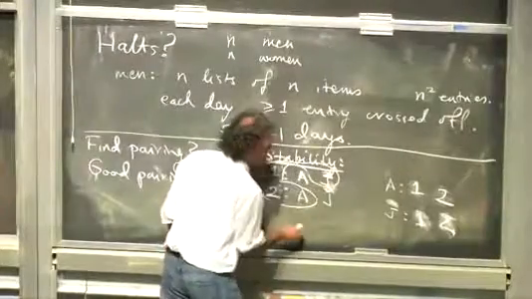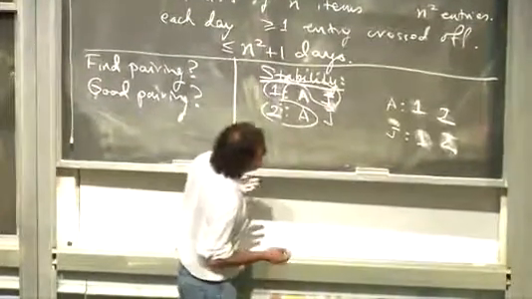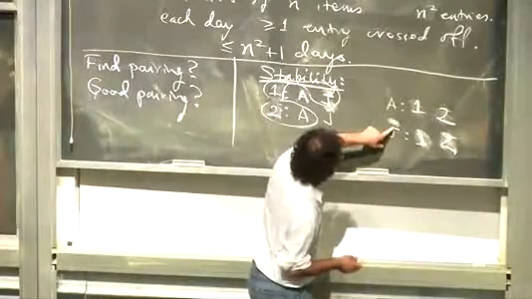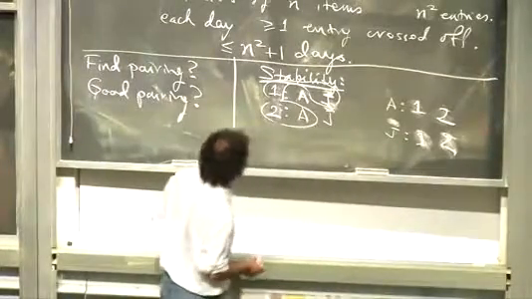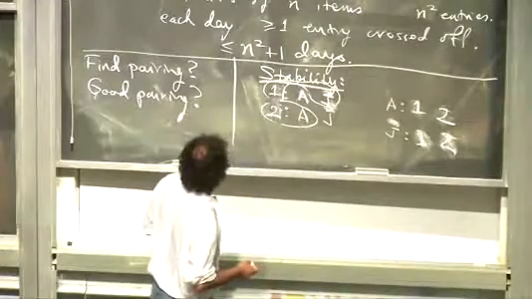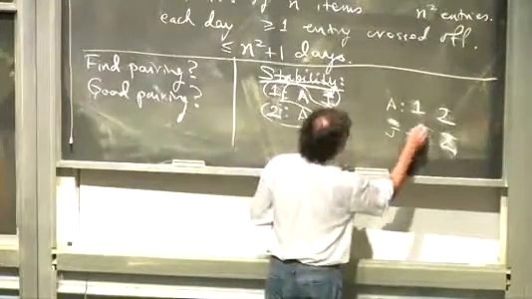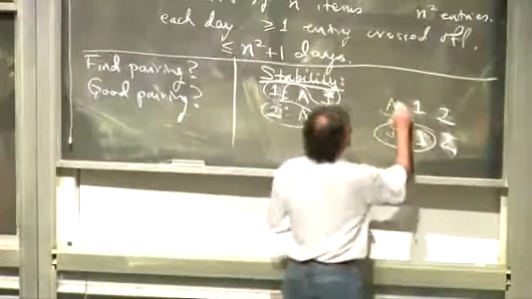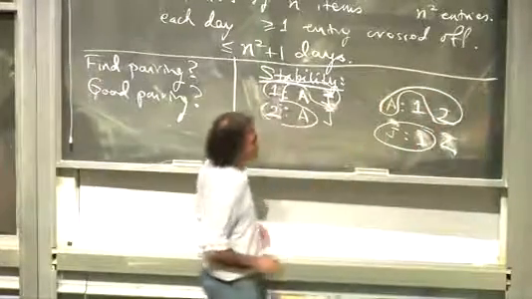So you have this kind of matching, and now let's say you were to say, look, J really likes 1, so let's pair them up. And now let's pair up A with 2. That's the only possibility.